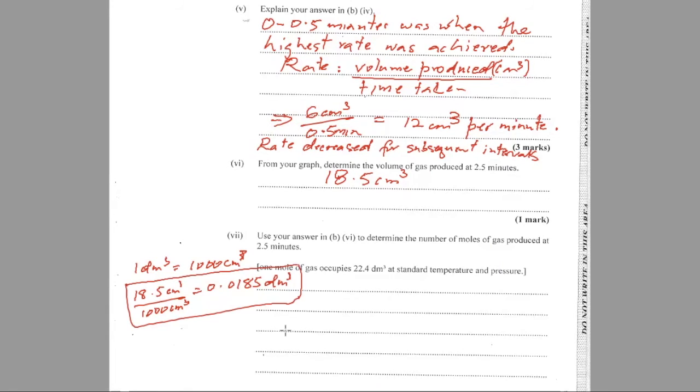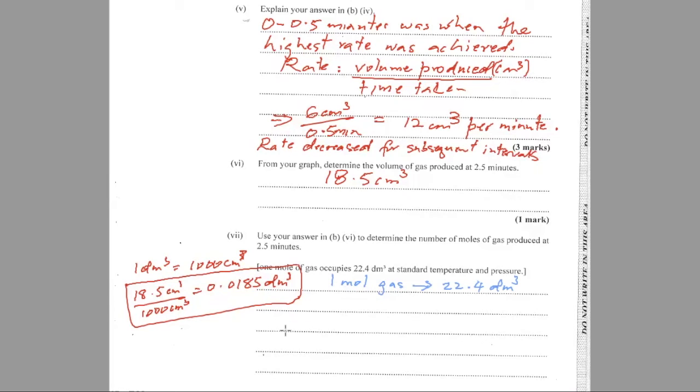Then we'll have our statement of fact, which states from what we're given, 1 mole of the gas we're concerned with, any gas as a matter of fact, occupies 22.4 dm³.